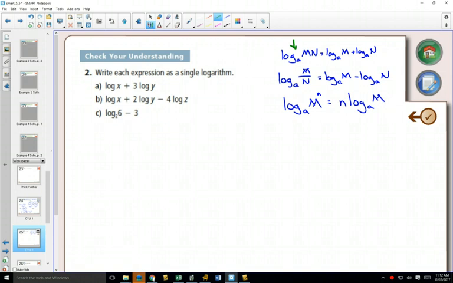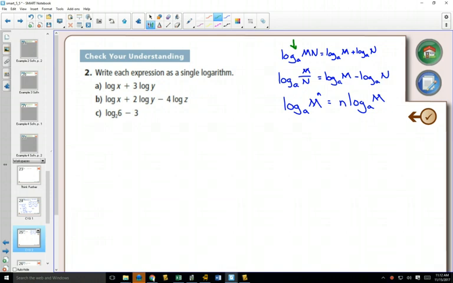But notice on the right-hand side of the first one, it only works when it's 1 log plus 1 log, and we have 1 log plus 3 logs. So we can't use our first log law yet, because it only works if it's a log plus a log.